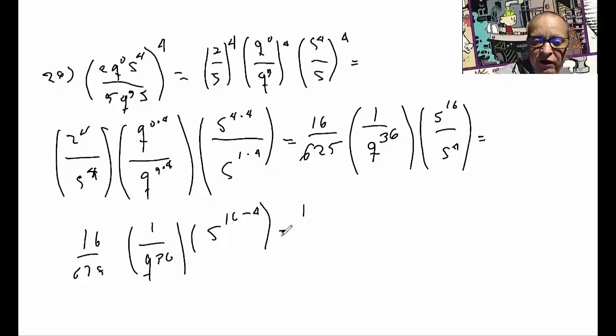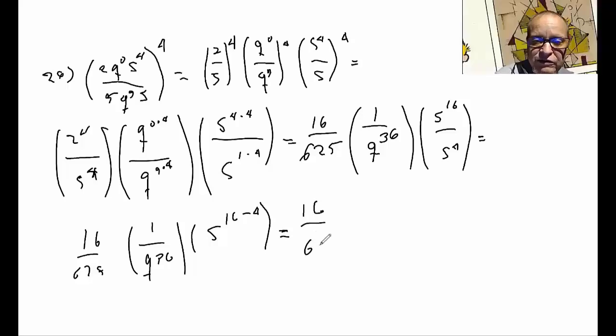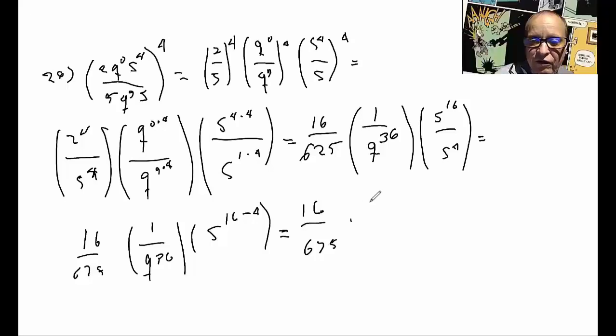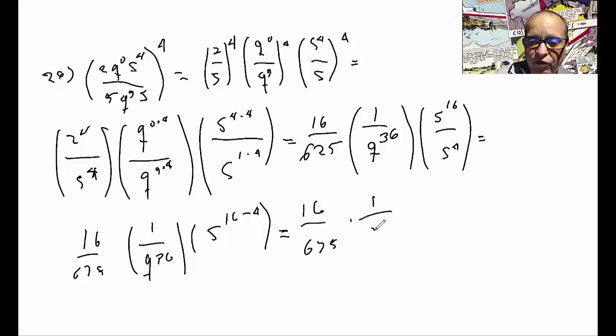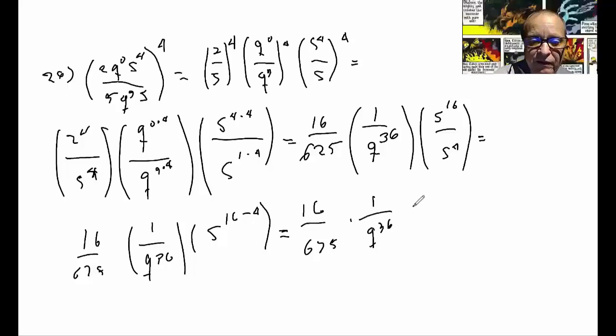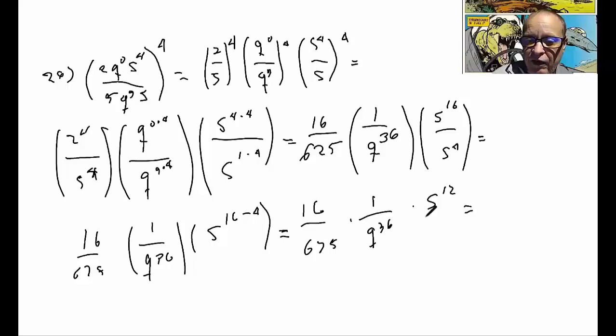So finally, in the end, I'll get 16 over 625 times 1 over q to the 36, and then times s to the 12th.